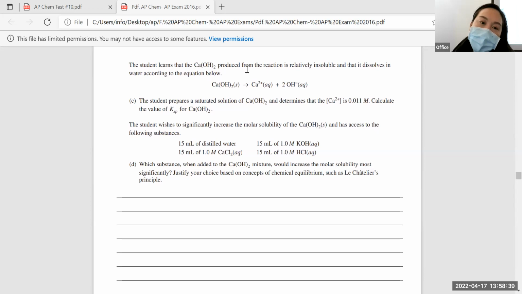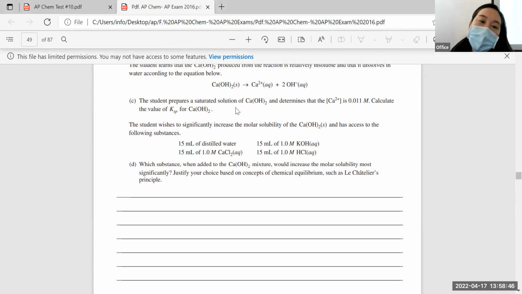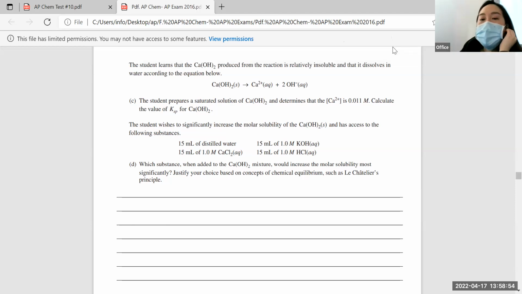The student learns that the calcium hydroxide produced from the reaction is relatively insoluble and that it dissolves in water according to the equation below. The student prepares a saturated solution of calcium hydroxide and determines that the calcium ion concentration is 0.011 molar. Calculate the value of Ksp for calcium hydroxide.